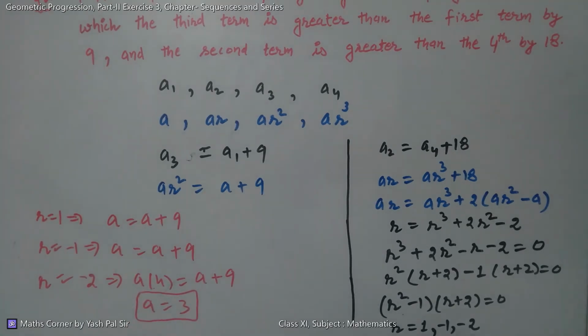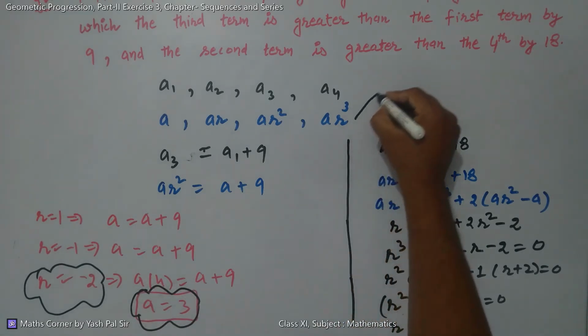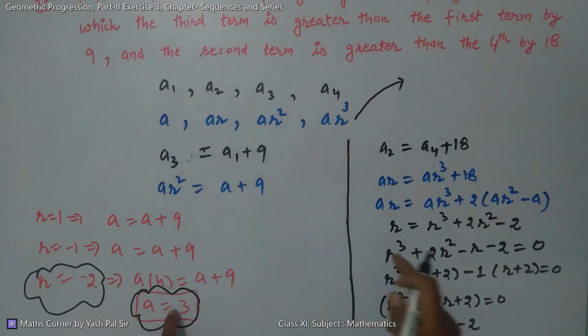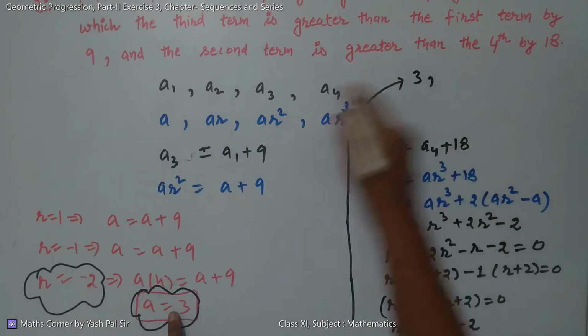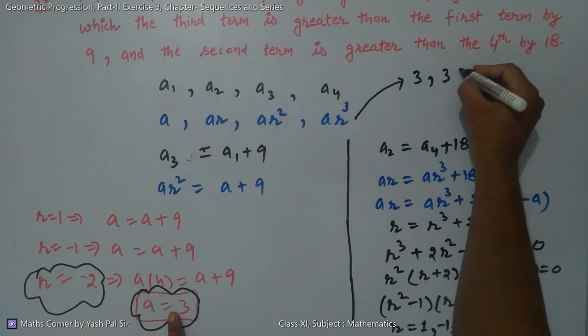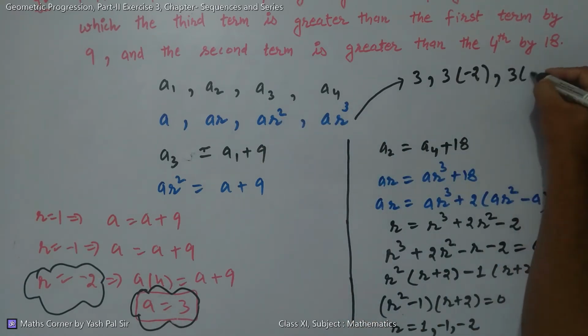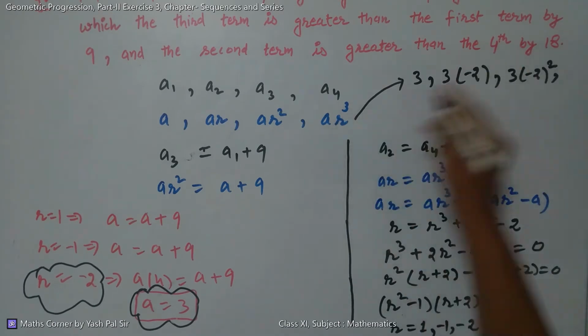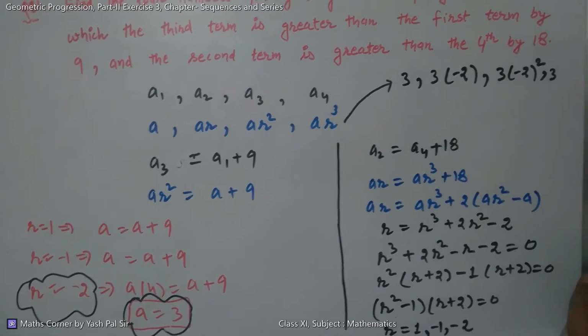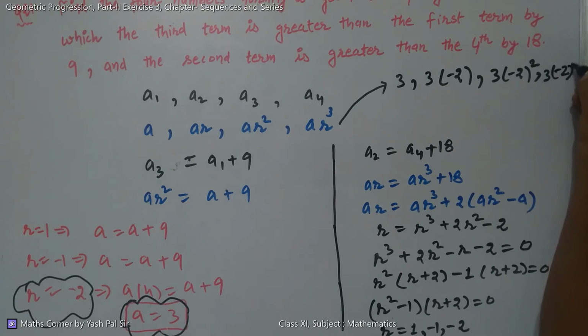So we see that r is equal to 1 and r is equal to minus 1 are rejected. Only the value of r taken as minus 2 works, and the corresponding value of a is 3. So the GP becomes a, the first term, that is 3, comma ar, that is 3 into minus 2, comma ar square, 3 into minus 2 square, 3 into minus 2 raised to power 3.